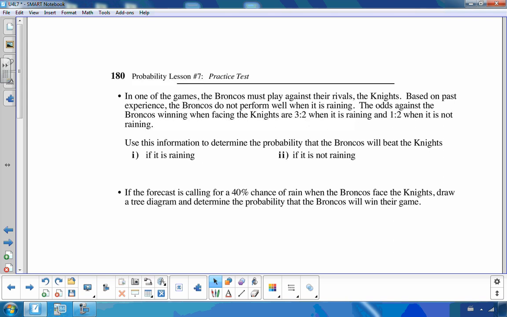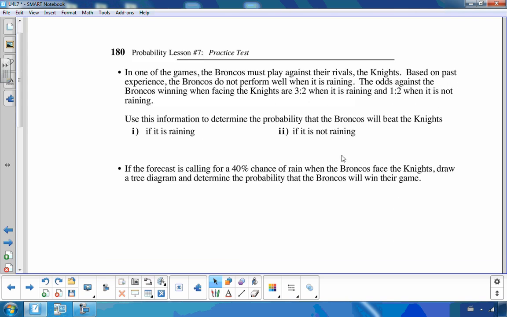Okay, in one of the games, the Broncos must play against their rivals, the Knights. Oh, that sounds serious. Based on past experience, Broncos don't perform well when it's raining. So the odds against Broncos winning when facing the Knights are 3-2 when it's raining, and 1-2 when it's not raining. Okay, so it's like a double whammy: the Knights are rivals and it's raining.